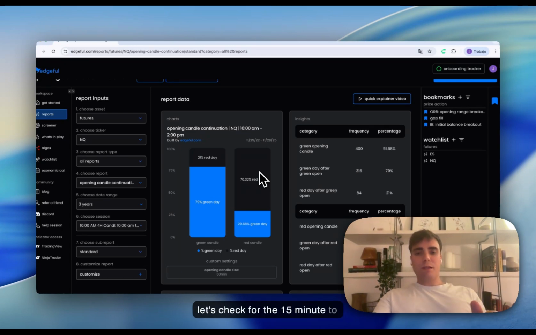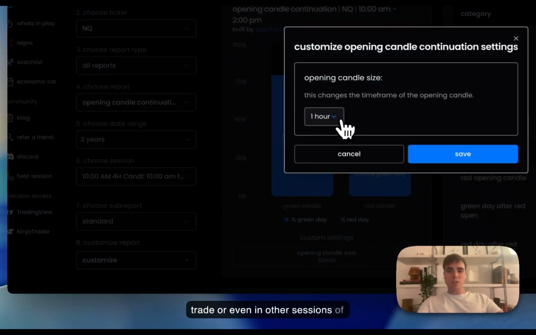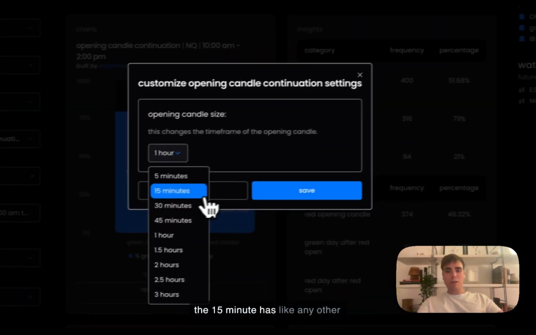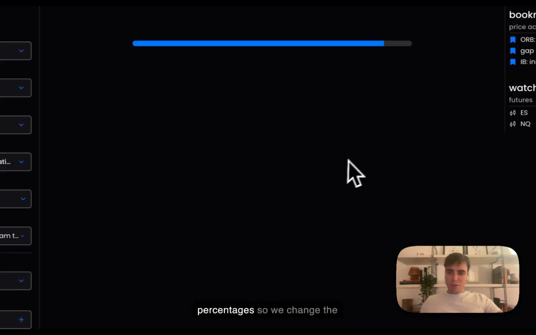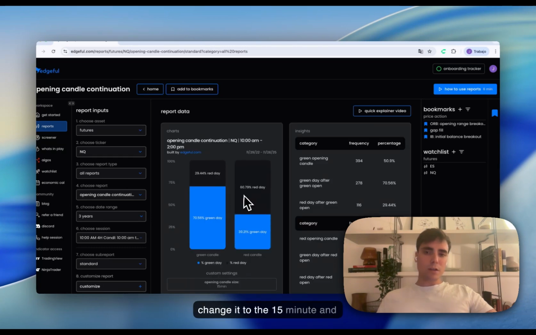Let's check the 15-minute to see if it tells the same story, or if for a different 4 hour candle we have different percentages or something that can confirm that the 10 a.m. could be the best one to trade. So we customize the report and change it to the 15-minute.